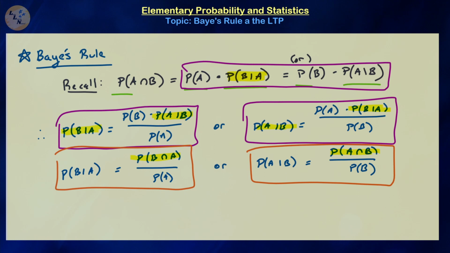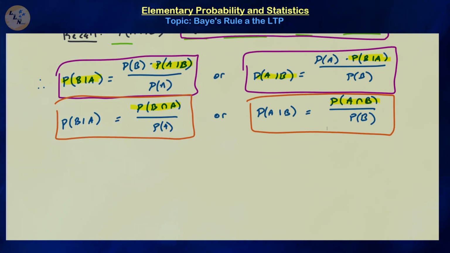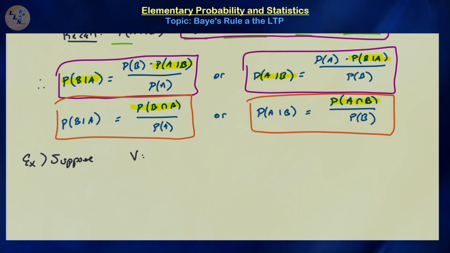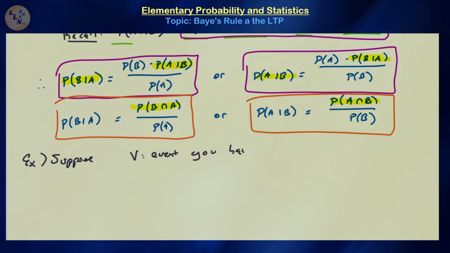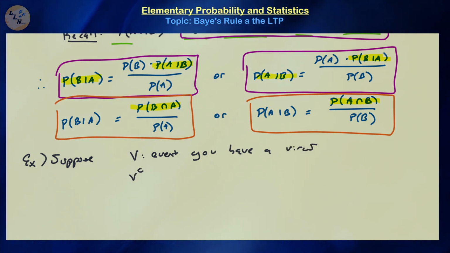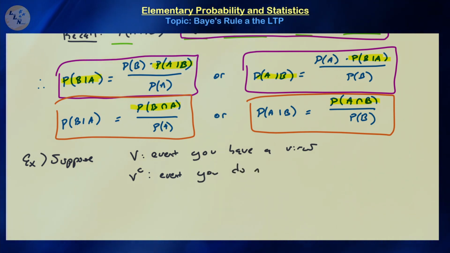So now let's look at a particular example of where we may want to use this. So let's just write that out. Let us assume that we have 4 events. Let's assume V represents the event you have a virus, and let's assume V complement is the event you do not have a virus.